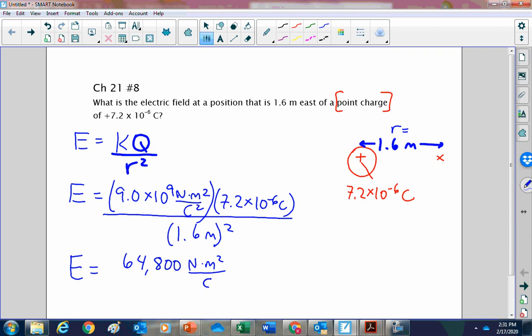On top, I have one of these cancels one of those, and then don't forget to square the denominator, so I'd have 2.56 meters squared here. Those cancel. So then I again get the units that I want. But let's finish the math.